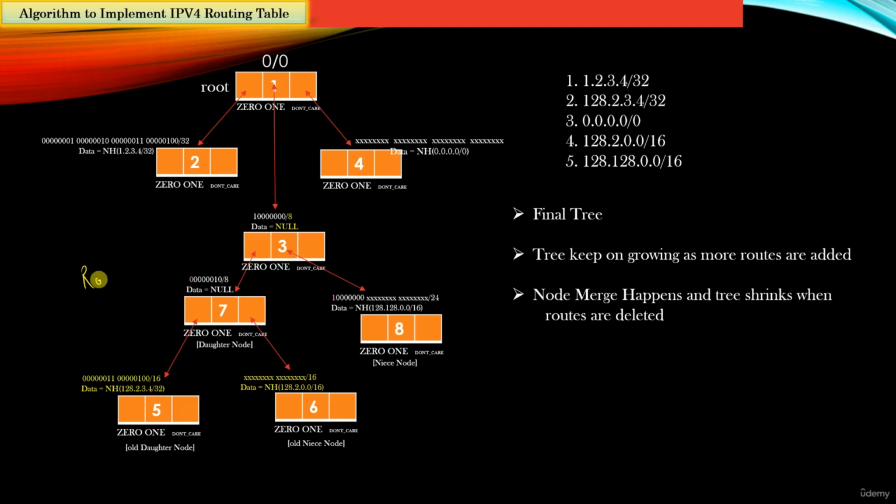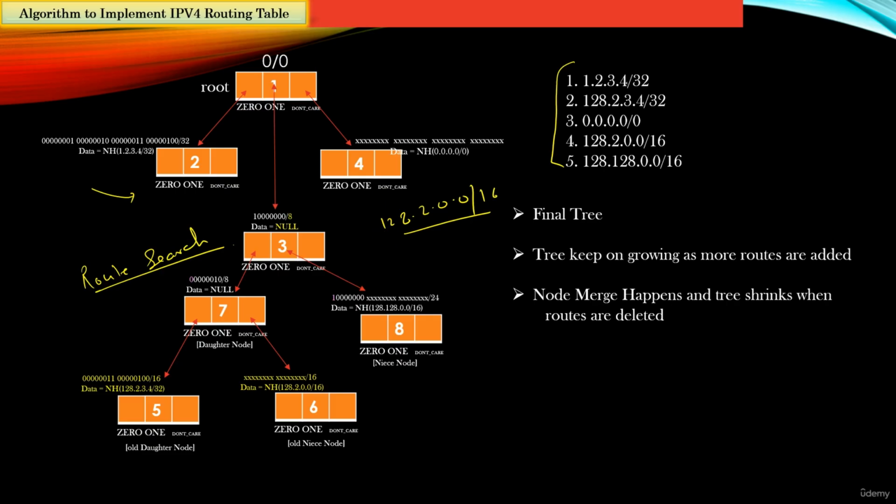Next we are going to discuss the route search algorithm. Route search algorithm means that in this tree we know that we have already inserted 5 routes. What if I tell you, hey, tell me whether the route 128.2.0.0/16 is present in this mTry or not? So you have to come up with a yes or no answer about whether the route is present or not.